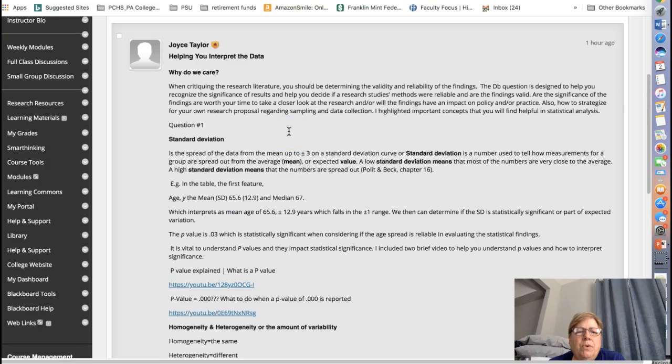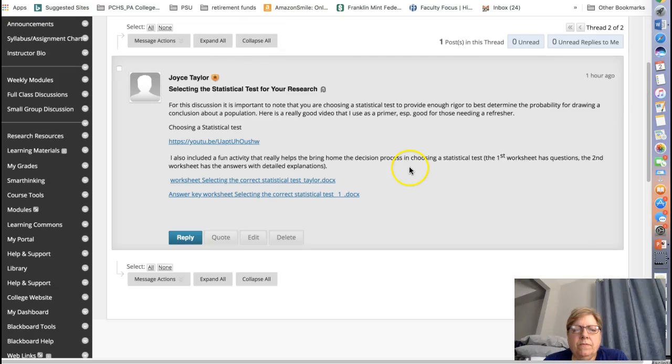Now, in regard to the second discussion board question, I opened it up and included a little piece on selecting the statistical test for your research. Again, it's important for you to choose the correct statistical test to provide enough rigor to determine the probability. What you're looking for is the probability of drawing a conclusion about a population from your study.